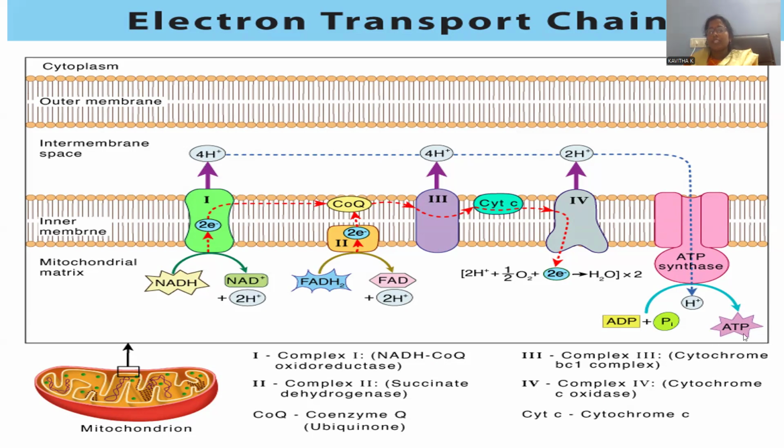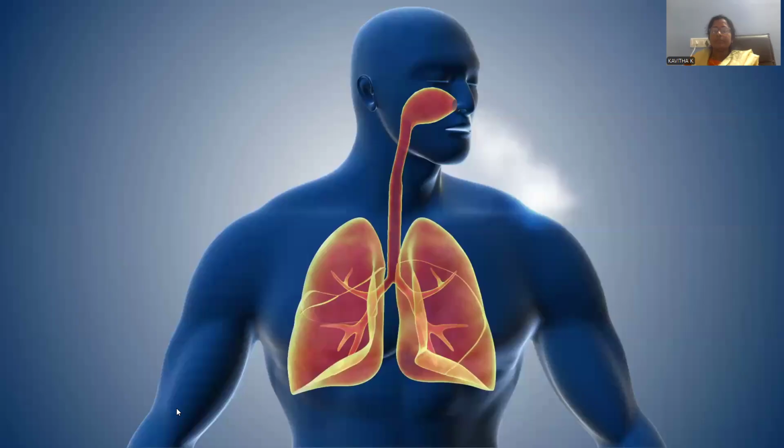ATP formation is possible in the presence of the enzyme called ATP synthase, where ADP will react with phosphate, and ADP is transformed into ATP. ADP stands for adenosine diphosphate, and here the formation of adenosine triphosphate is possible. The entire process is carried out in the powerhouse called mitochondria.